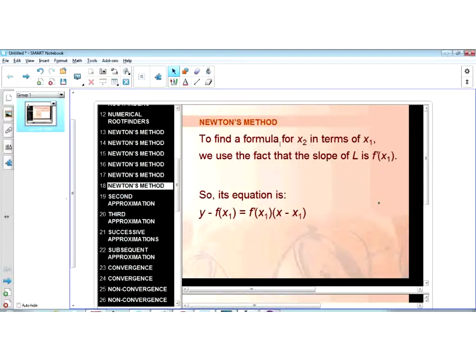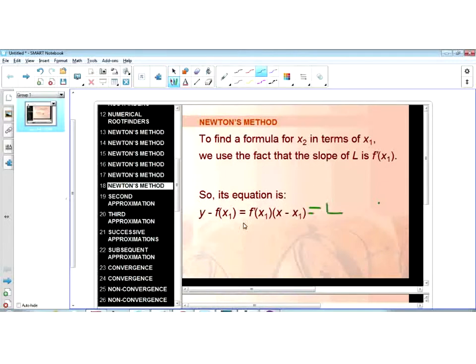So we need to find a formula for x2 in terms of x1, and we know the slope of the line L is the derivative of the function at x1. So this is the equation of the red line, and we've done this many, many times: found the equation of the tangent line, and then all we need for x2 is the x-intercept of this tangent line.